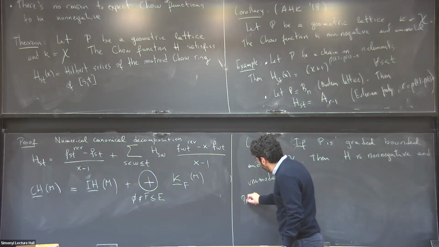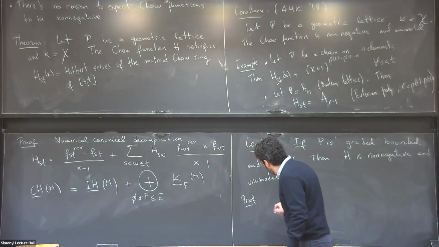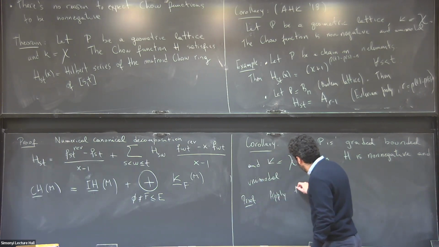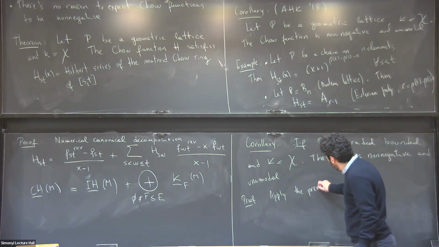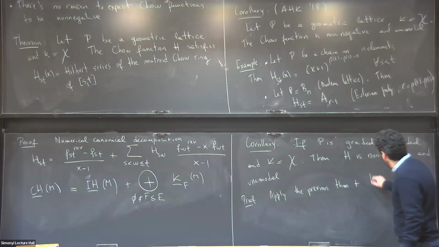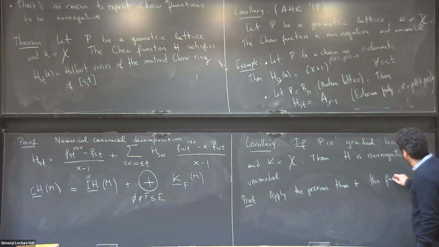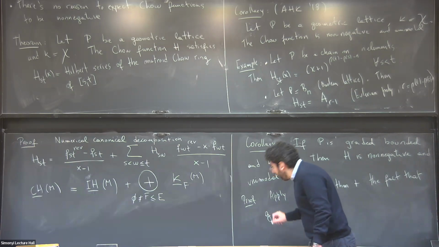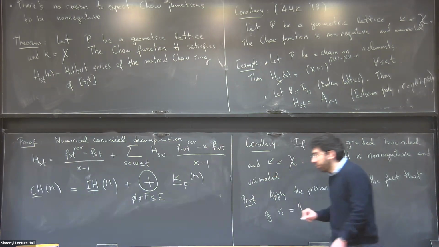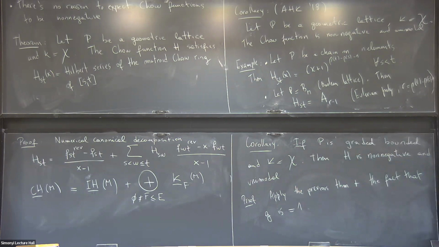And the proof is one line. Apply the previous theorem plus the fact that G, the left KLS function, is always 1, so it's non-negative. So you get the unimodality result.